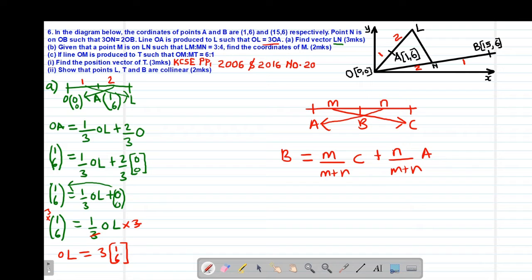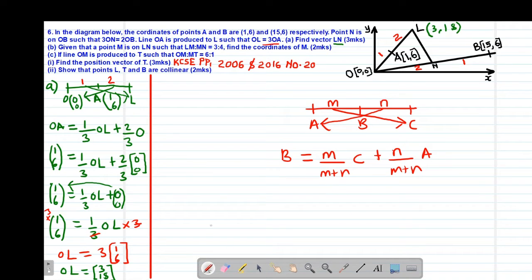Let me separate using my line here. This should give us OL having the coordinates of 3 times 1, which is 3, then 3 by 6, which is positive 18. Therefore, the coordinates for point L is 3, 18. So point L has the coordinates of 3, 18.